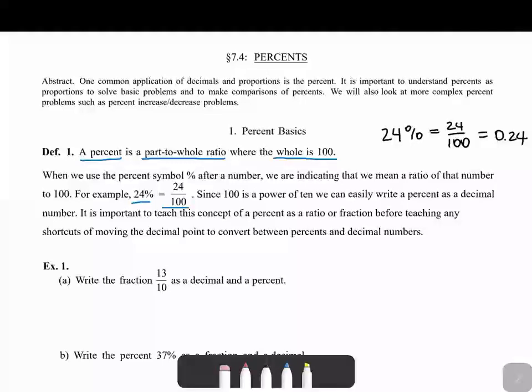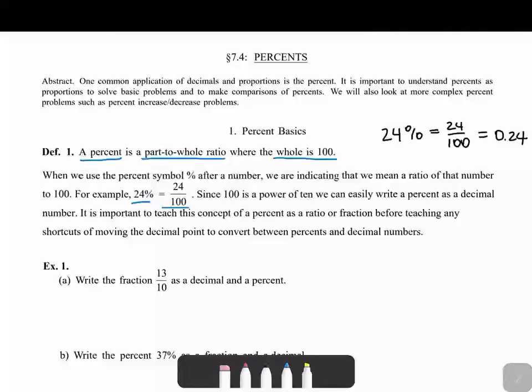Okay, so by definition, a percent is a fraction. It's a ratio, and we represent ratios either by fractions or colons or words. However, we often think of it using a decimal.